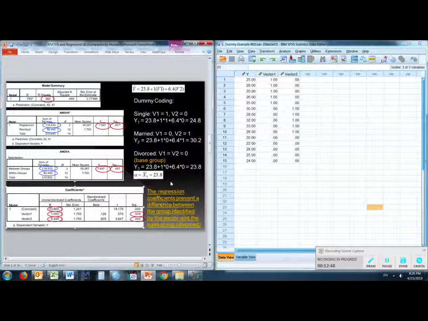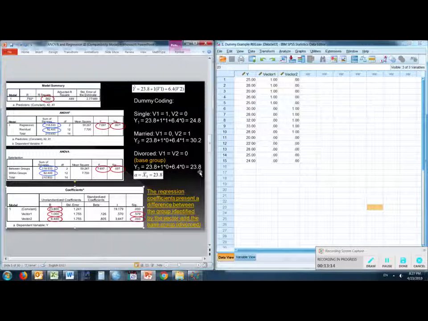Then for the divorced group, we would have both vectors set as 0. This is actually the base group. To predict the divorced group, y3 equals 23.8 plus 1 multiply 0 plus 6.4 multiply 0, which is 23.8.